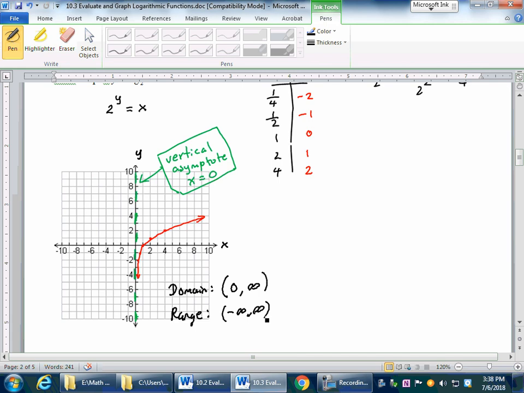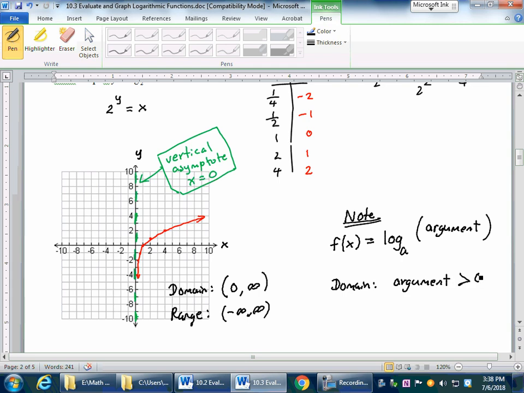From here, what we want to put in notes for later is this: how do we find the domain of a logarithmic function? If you have a logarithmic function, f of x is equal to log base a of the argument, my domain of this logarithmic function requires that the argument must be greater than 0, meaning this value right here must be positive.